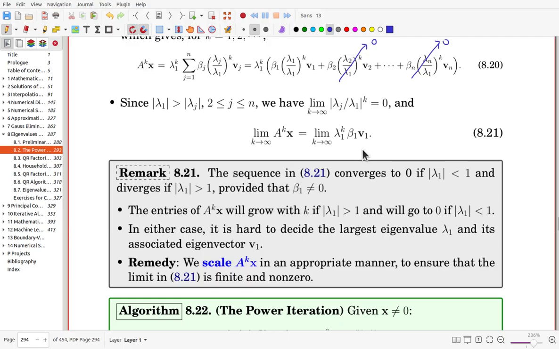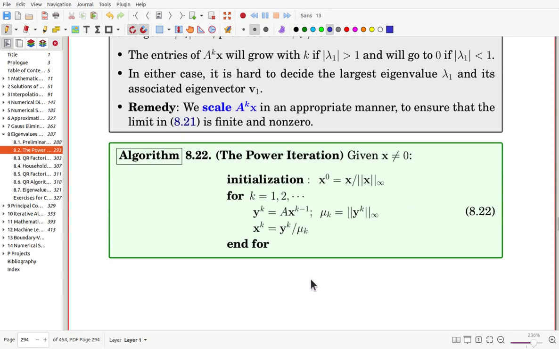To overcome this issue, we may scale A to the k x in an appropriate manner so that the limit in this equation is finite and non-zero, so that we can find the eigenvector. The scaling factor eventually will become the eigenvalue lambda 1.